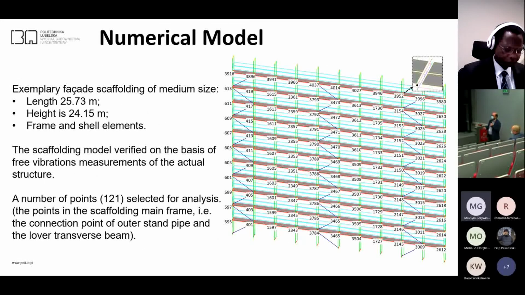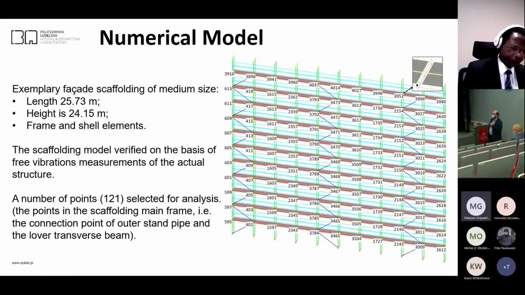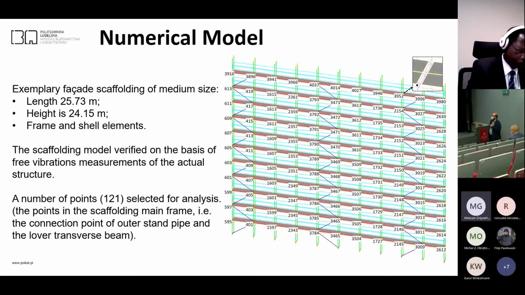The model is presented here. We have a scaffolding which is roughly 25 by 25 meters. This finite element model was built with frame and shell elements. Shell elements are the platforms, with also frame elements here. And there was also a cladding mesh, which is not seen in this picture.